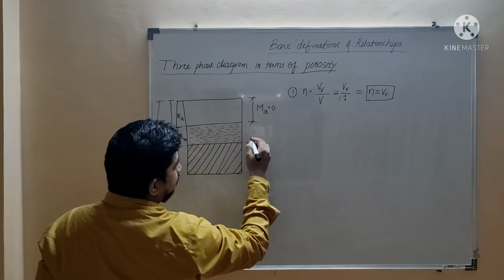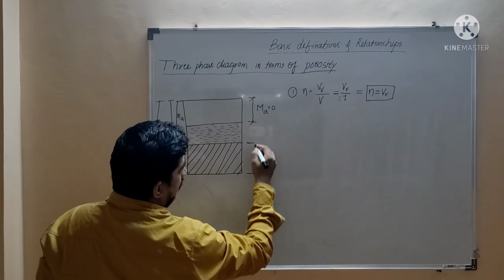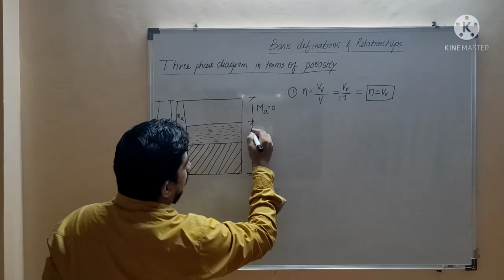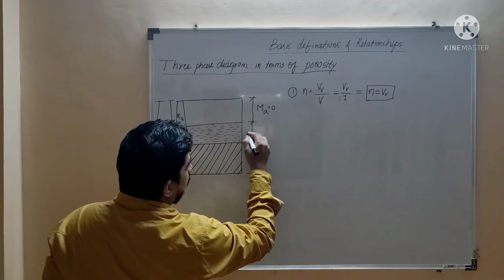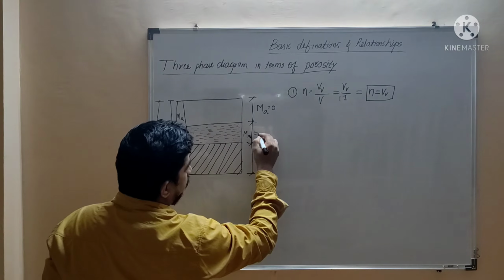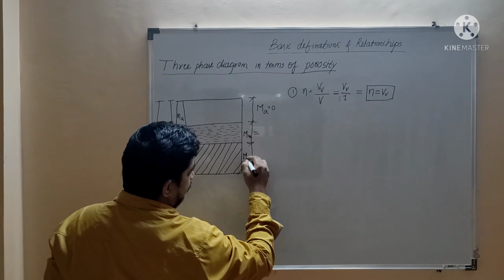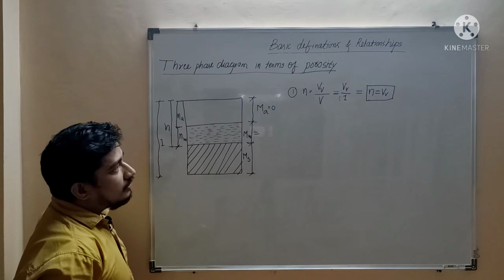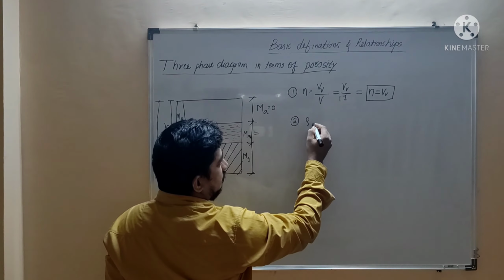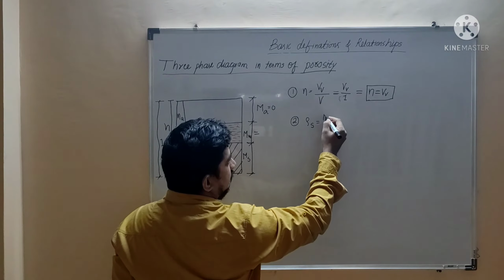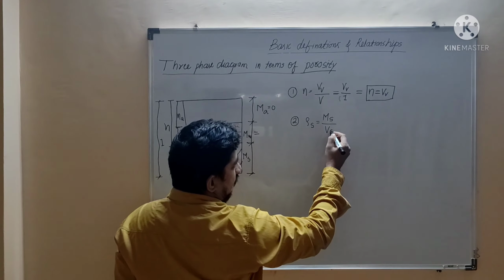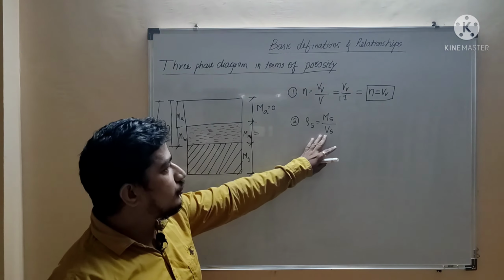Now we have to express this mass of water and mass of solids in terms of porosity. Let us consider rho s is equal to ms divided by Vs, where Vs is the volume of solid.